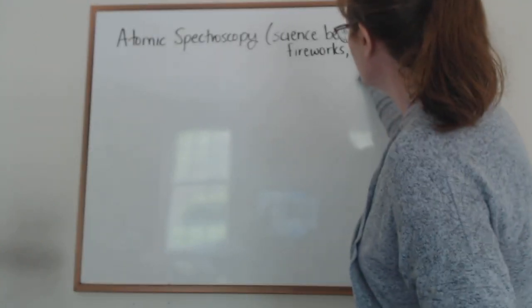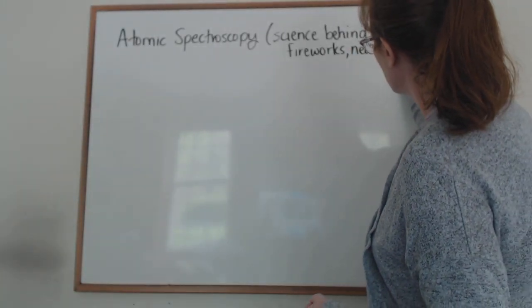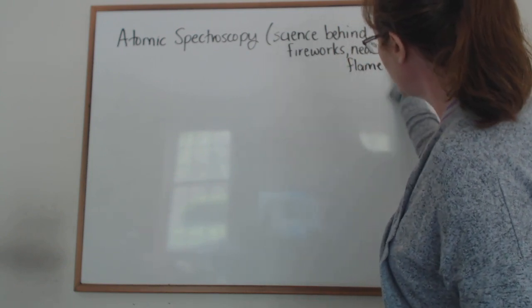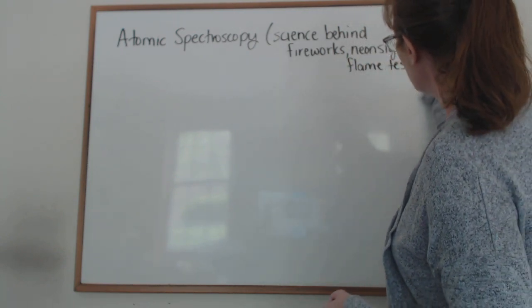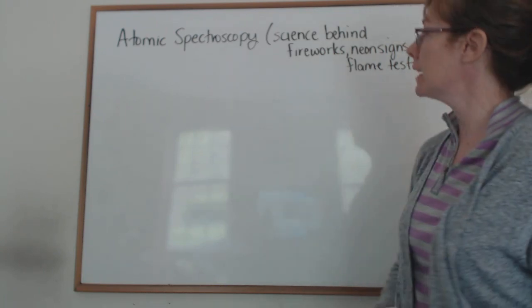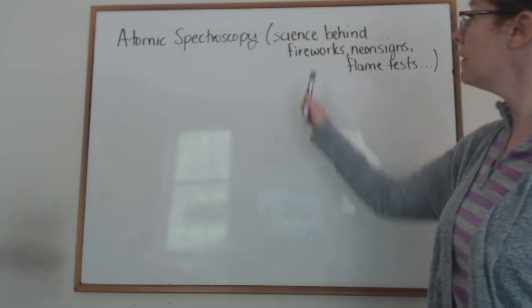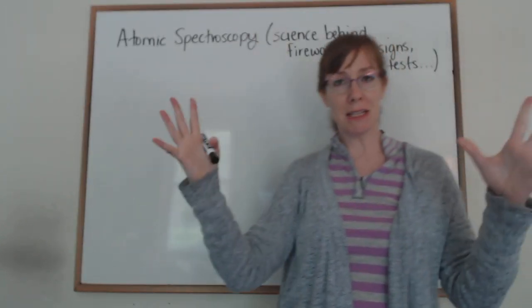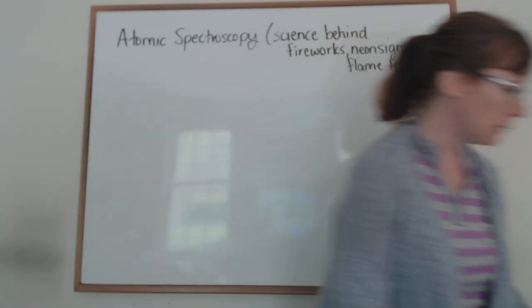It's really the science behind fireworks. It's the science behind neon signs. If you've done these, you might know what I'm talking about. It's the science behind flame tests, which is a common lab technique for chemistry. But certainly fireworks and neon signs everybody's familiar with. There is a science behind all of this, and this is really called atomic spectroscopy.